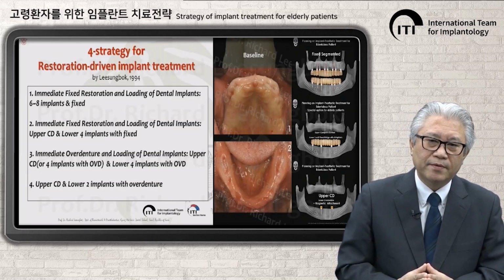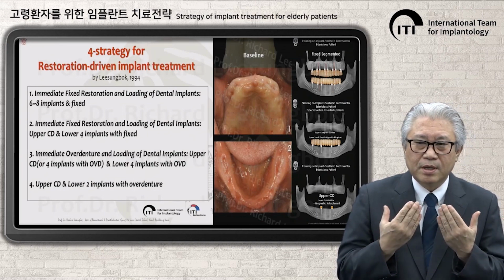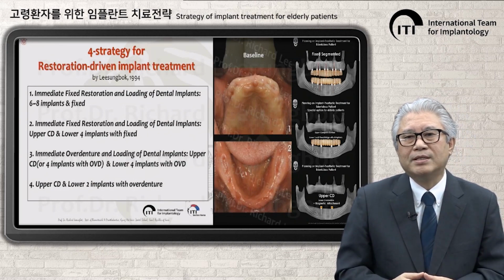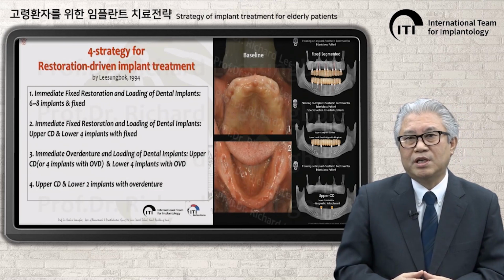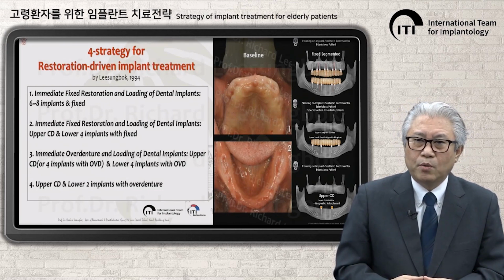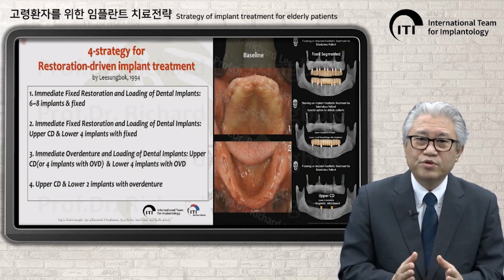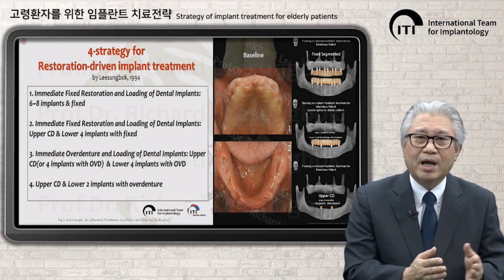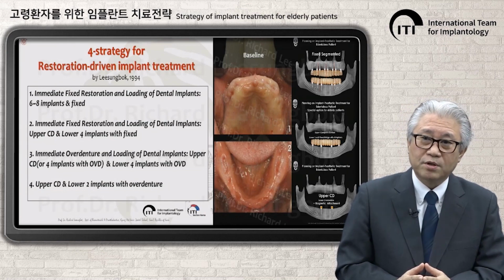All of the treatment options described earlier, combined with the concept of immediate loading protocols, are grouped again as follows. The restoration-driven implant treatment approach is largely divided into 4 categories.